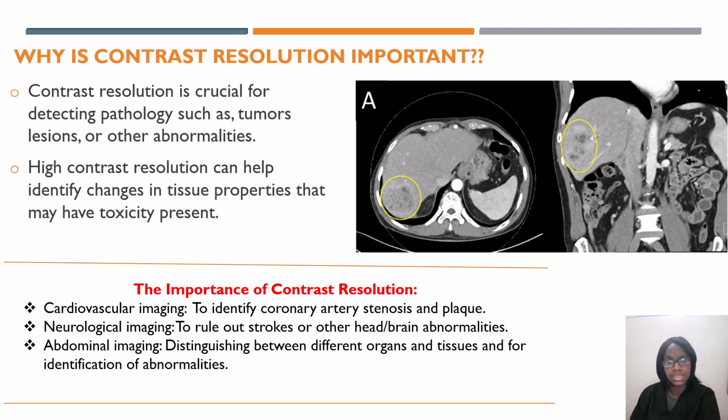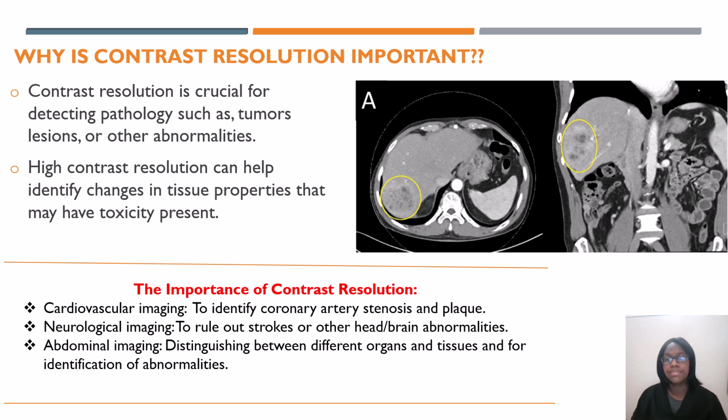This is going to help identify coronary artery stenosis and plaque. Neurological imaging to rule out strokes or other brain or head abnormalities. Abdominal imaging, distinguishing between different organs and tissues for identification of abnormalities.